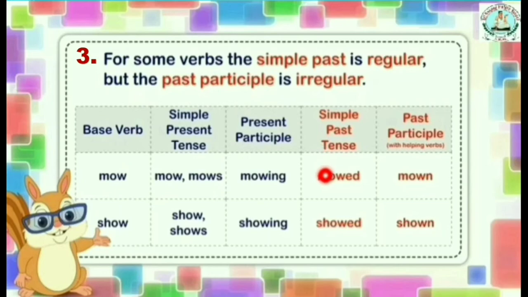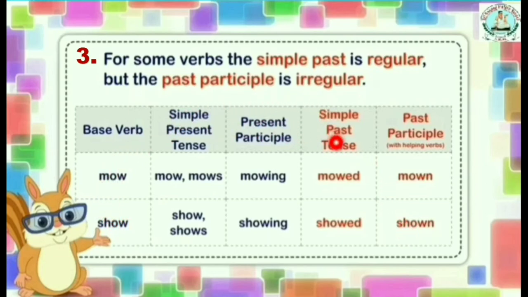It can be used in simple past tense with ed form, it means it is a regular verb. But when we use it in the perfect tense as a past participle along with the helping verb, then it becomes an irregular verb.